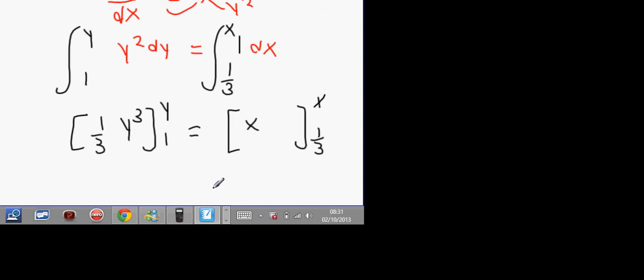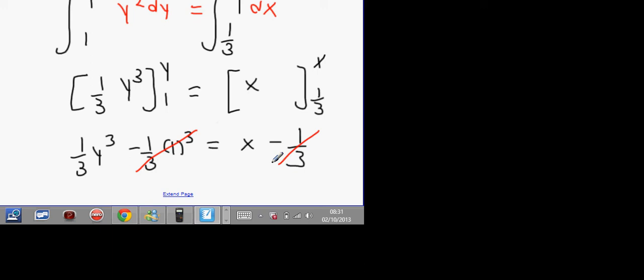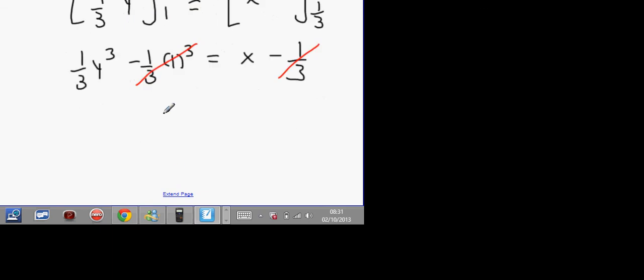Yeah. Now, what we're going to get there is a third y cubed minus a third 1 cubed equals x minus a third. These two will cancel. We're going to get a third y cubed equals x.